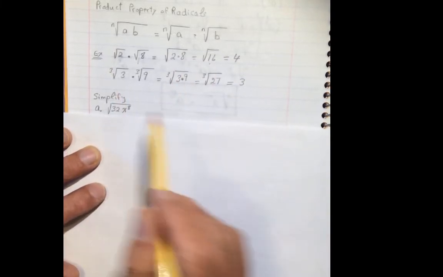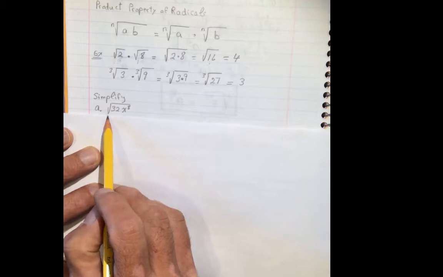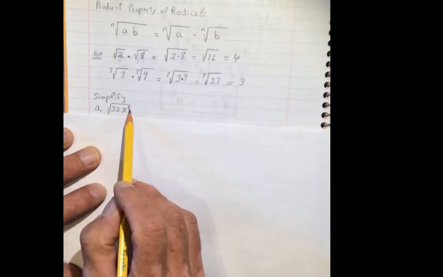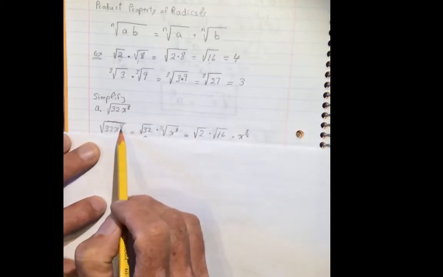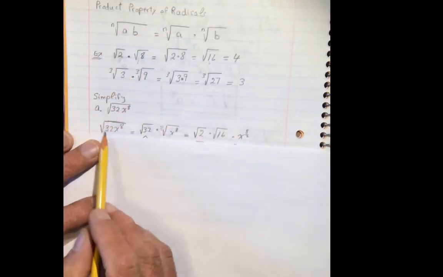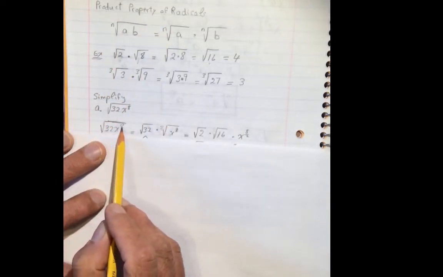Here are the examples you want to do: simplify square root of 32x power 8. So we're going to copy the problem. Then we're going to apply the product rule, because it's 32 times x power 8.